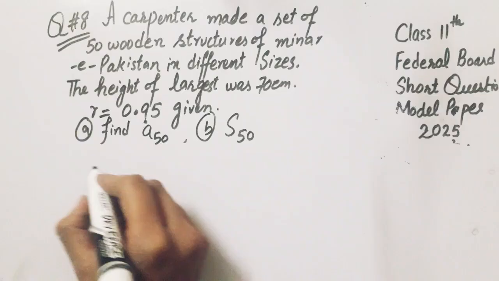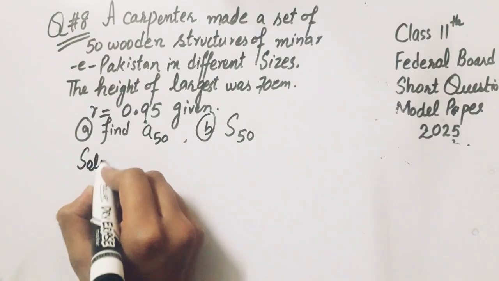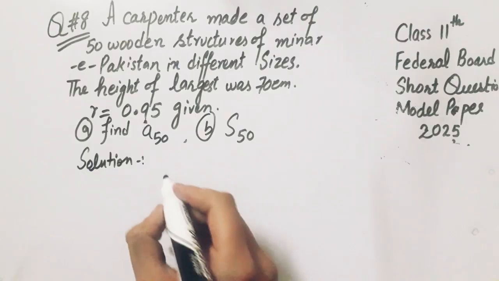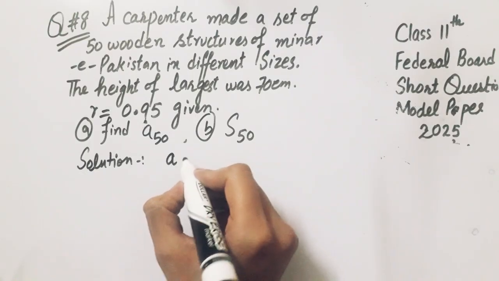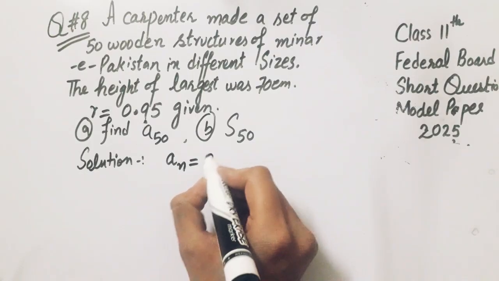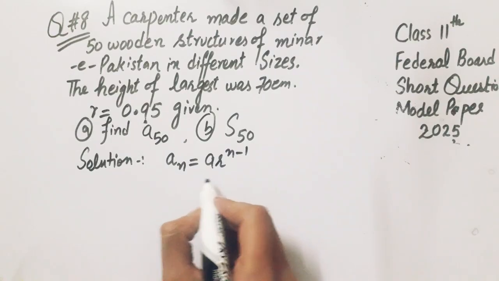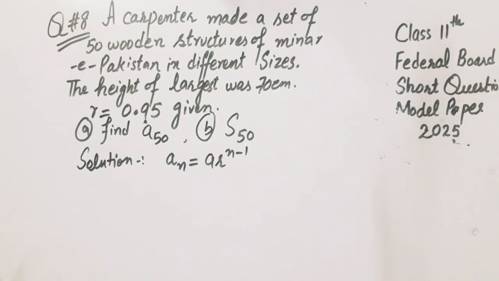So the formula for this, and this is a geometric sequence, is a_n equals a r to the power n minus 1. This is the formula for a geometric sequence, and you have to find the value of A50.